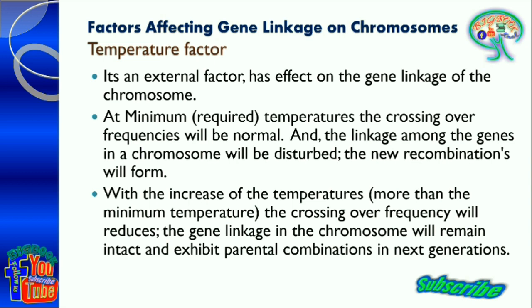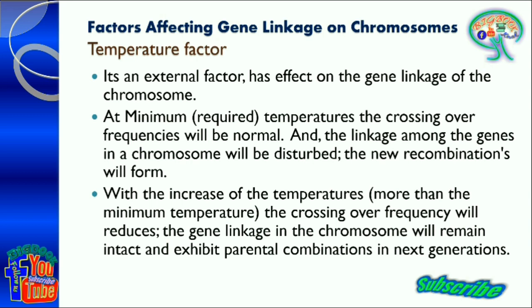So at the minimum required temperature, the linkage or linearity of the genes will get disturbed from the parental chromosome and get exchanged between the two parental chromosomes and get inherited into the next generations.